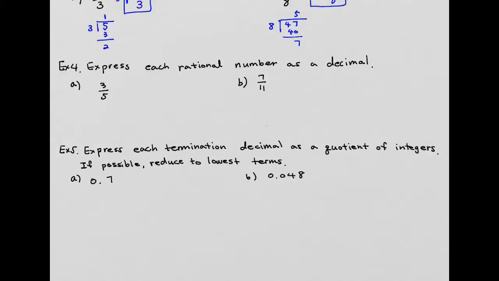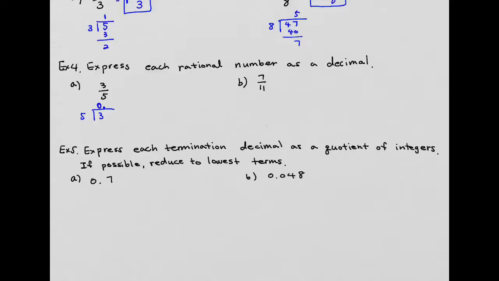Example 4. We want to see if we can express the rational number as a decimal. So fraction into decimal, basically again we divide. So it will be 3 divided by 5. 5 does not go into 3, so it will be 0.